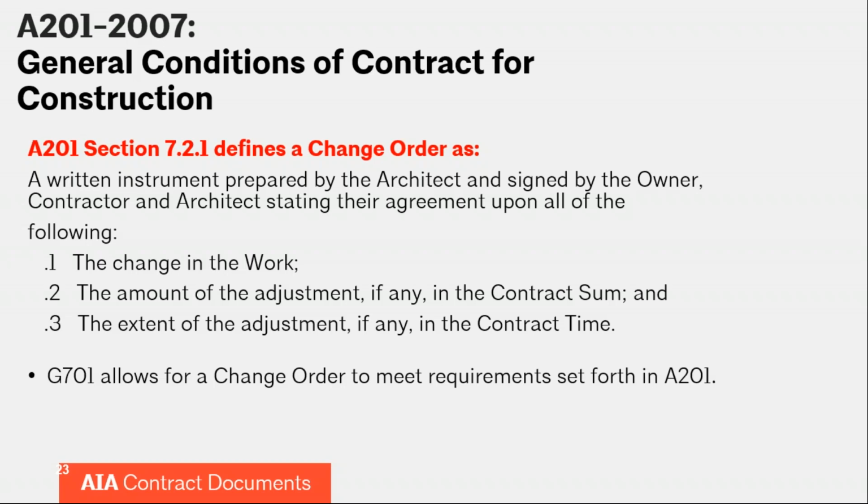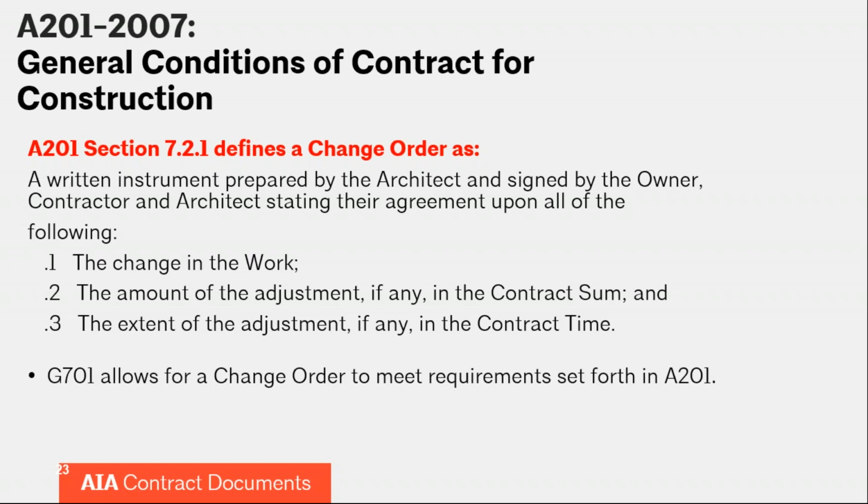Taking a further look at the requirements for a change order, in the A201, section 7.2.1, a change order is defined as a written instrument prepared by the architect and signed by the owner, contractor, and architect, stating the agreement upon all of the following: the change in the work, the amount of any adjustment to the contract sum, as well as the amount of any adjustment to the contract time.